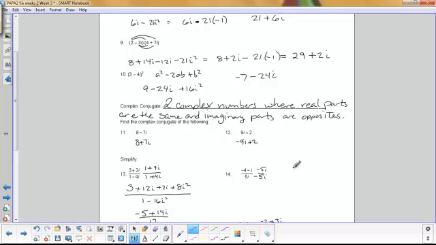And we get 20i plus 5i squared divided by 25.